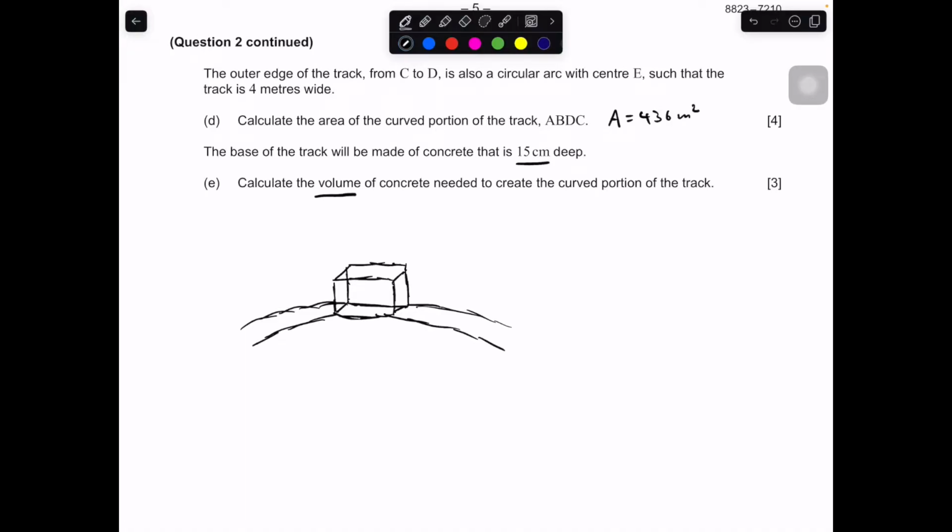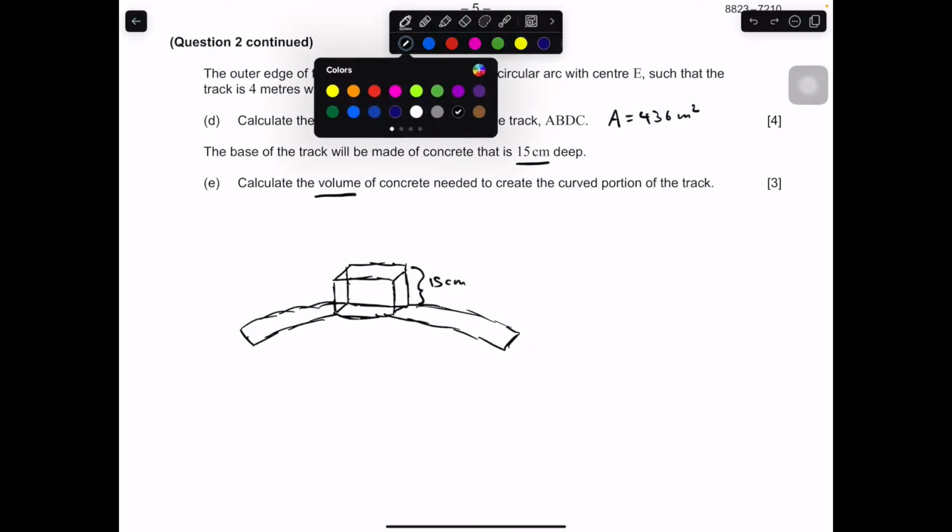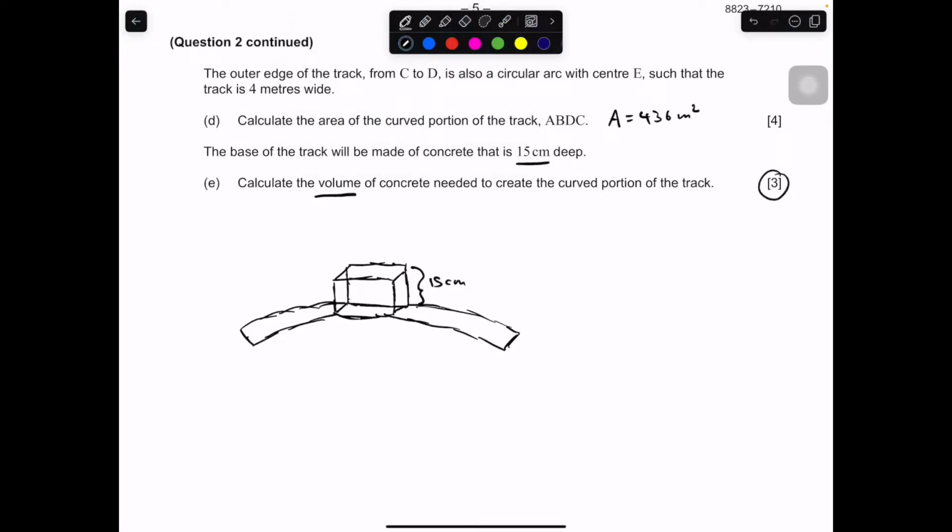And this is, of course, a little accentuated, but if we know the area of our track, and this is just a section of it, and we want to have a volume of 15 centimeters, volume itself is just length times width times height, or area of the base times height. So if we already have the area of the base, we should be able to just multiply it by the height and be done. But why is this a 3-mark question?